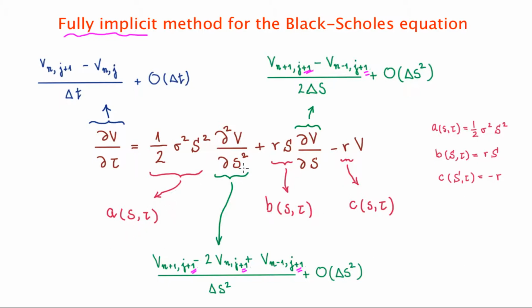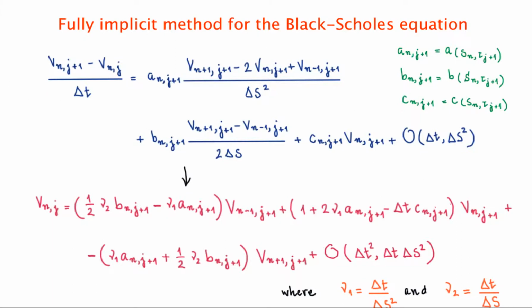So considering that, I'm plugging into this equation the finite difference representations we have for these partial derivatives. The result we have for the finite difference representation is basically this one.